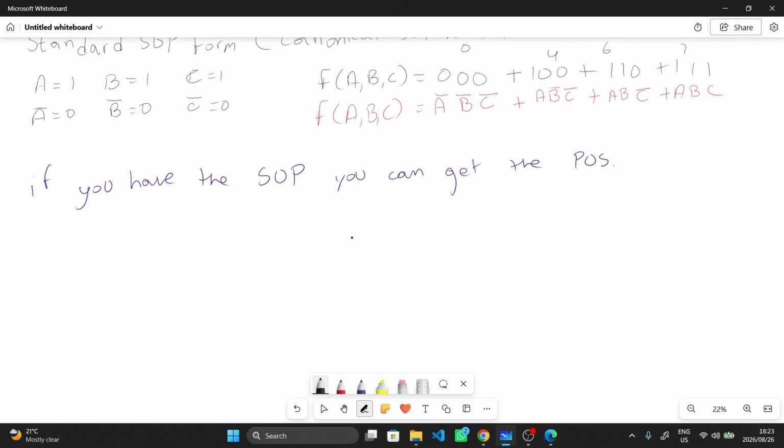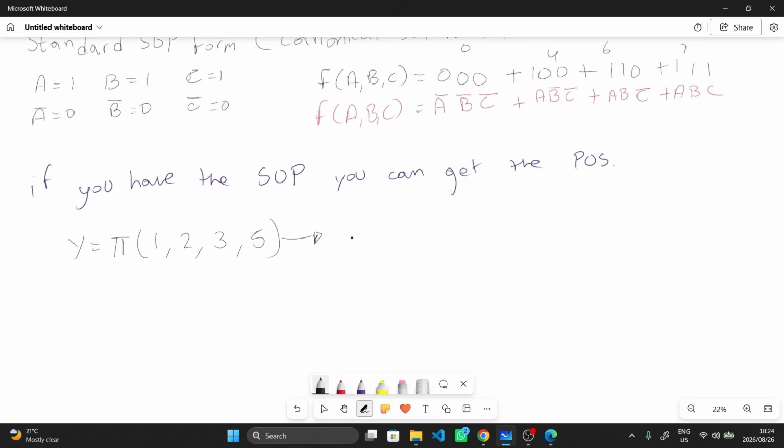So if our ones are 0, 4, 6, and 7, the remaining numbers must be the zeros, right? So our maxterms will be what? So we have 0 there, so we'll have 1, 2, 3, and 5. Right, so the numbers that are missing here will be your POS.